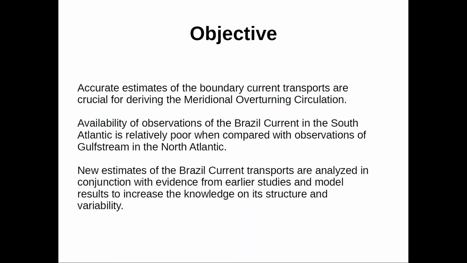Observations in that area don't cover space and time well, so it's poorly observed, especially compared with what's available in the North Atlantic. Now we are looking at it using the new estimates, the earlier studies and model results to learn a little more about the Brazil Current itself.